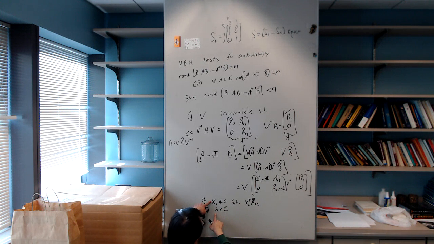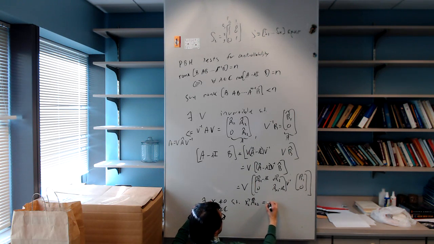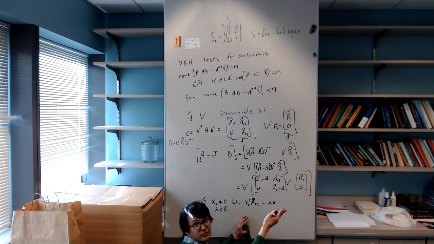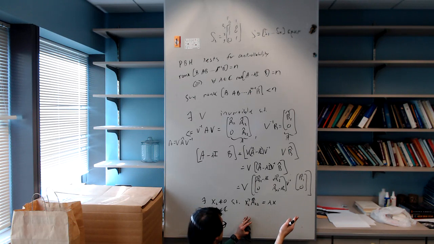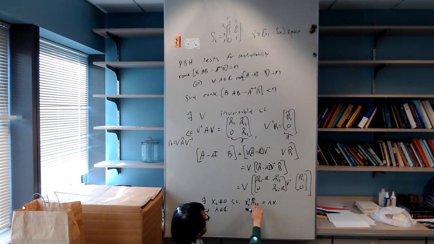So if this is any eigenvalue eigenvector pair, this is just a left eigenvector. A left eigenvector you can find by finding the eigenvectors of the original matrix transpose. So I can always find an eigenvalue eigenvector pair of this matrix down in here. That's the key thing we're going to be dealing with.